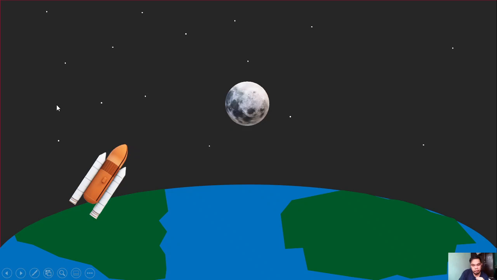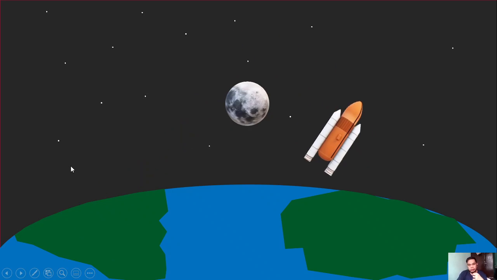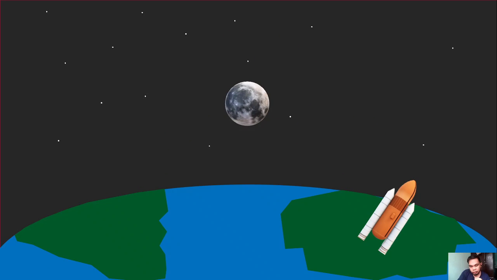Next, we have here a space rocket. As you can see, the rocket travels a curved path. And we call that curved path projectile motion.